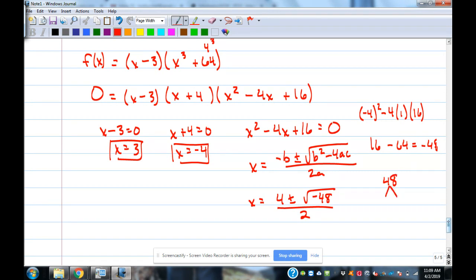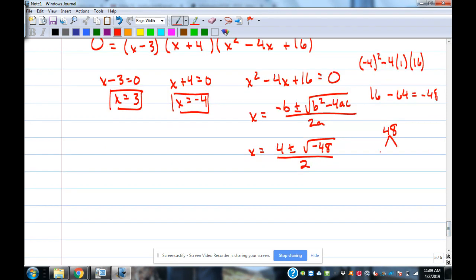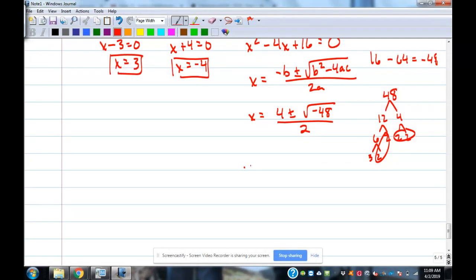Well, I need to break down the negative 48. You know, factor tree, simplify that radical. 12 and 4. 4 is 2 and 2. 12 is 6 and 2. 3 and 2. So 2 pairs of 2's. So that's going to be x equals 4 plus or minus 4i radical 3 over 2. And then I can simplify that because 4, 4, and 2 are all divisible by 2.